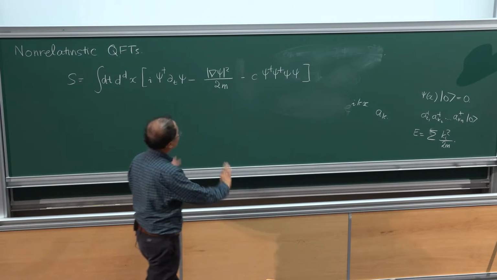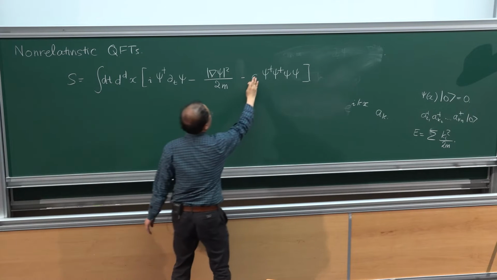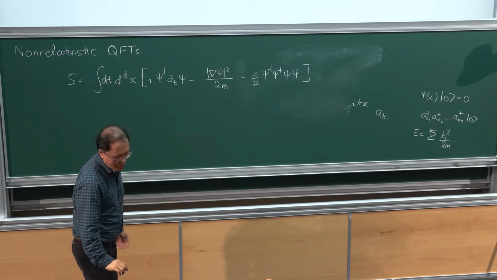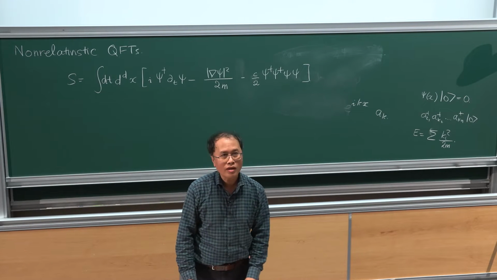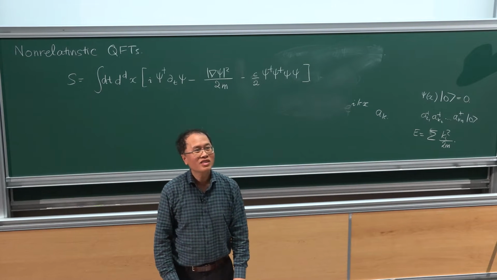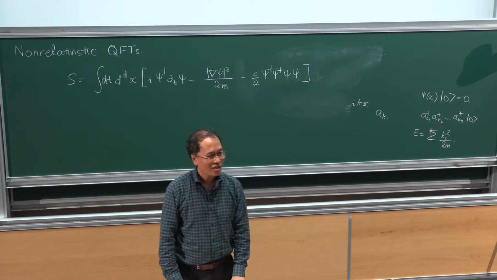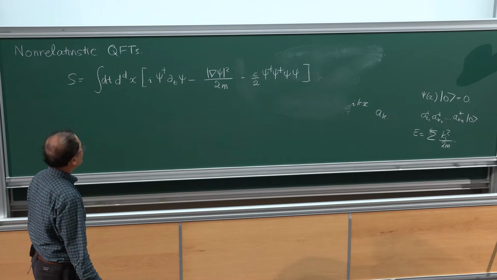And again, for simplicity, let's consider C over 2. Assume psi to be bosonic for a moment. So that would be the non-relativistic version of the phi-4 theory. That would be the simplest interacting field theory in a textbook.